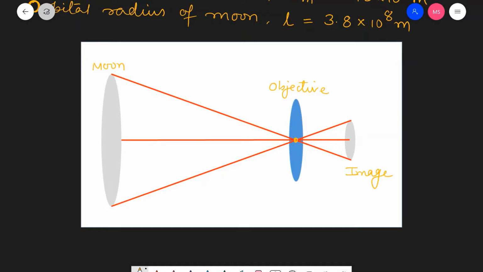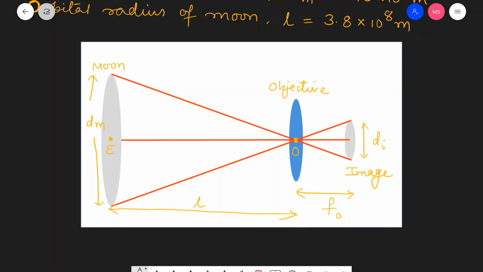Let this be optical center O. Let this be the center of moon E. Diameter of moon we have taken as dm, and diameter of image is di. Now you can see that the image of the moon will form at principal focus of objective. So this distance will be Fo, focal length of objective, while this distance is, you can say that, orbital radius of the moon L.